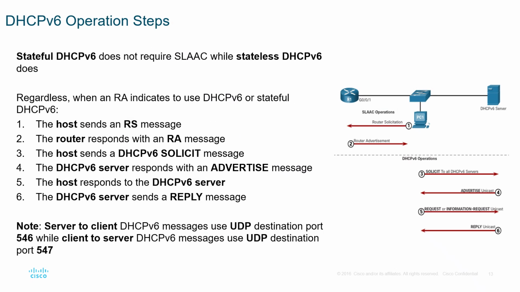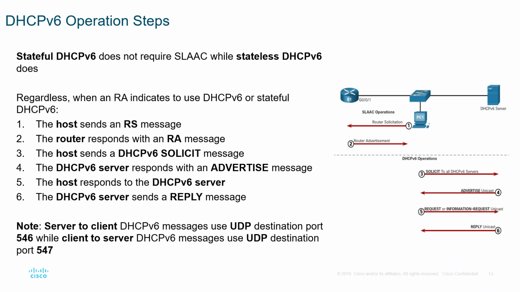Now, stateful DHCP does not require SLAAC, while stateless DHCP does. So regardless, when an RA indicates to use DHCPv6 or stateful DHCPv6, the host sends an RA message, a router solicitation. The router responds with an RA, a router advertisement. The host sends a DHCPv6 solicit message.